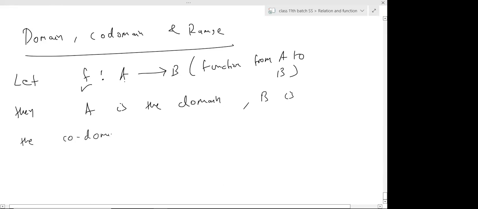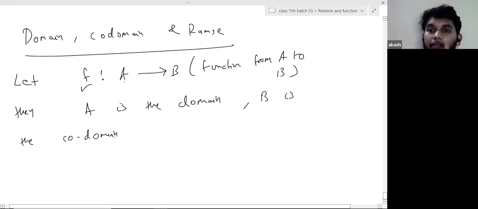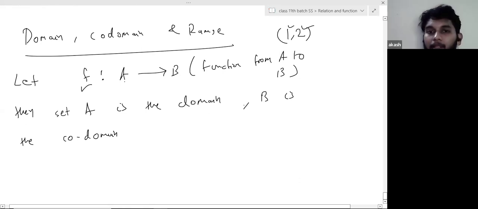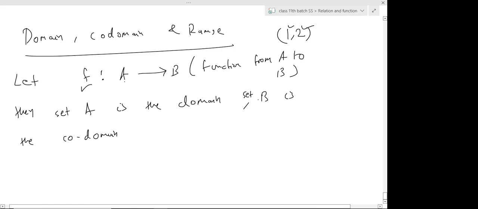Sir, isn't this the same as image and pre-image? No, the elements are called image. In an ordered pair, if you put one, then you receive two. So two is the image, one is the pre-image. But here, the complete set A is the domain, and the set B is the codomain, right? Clear? Yes.